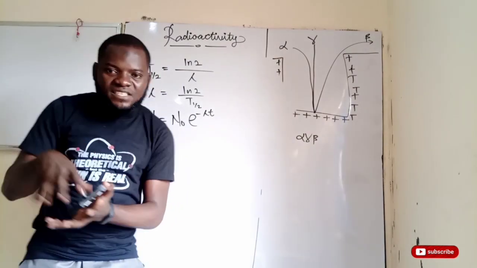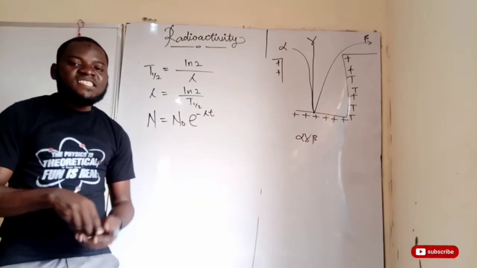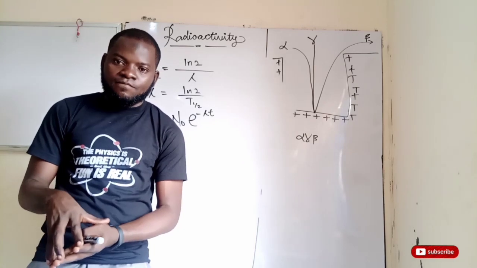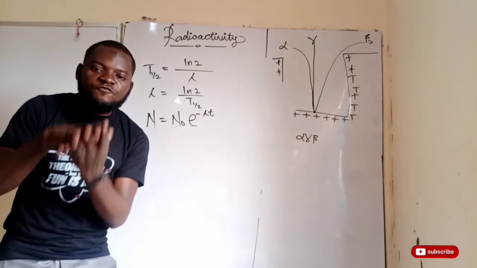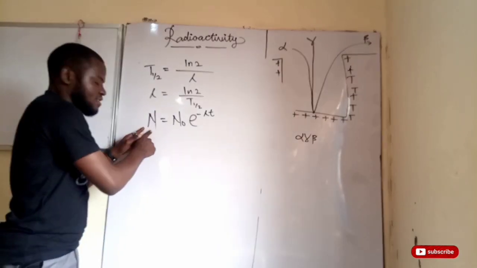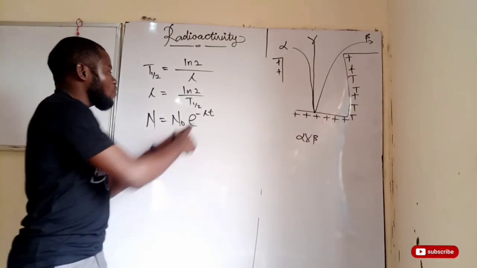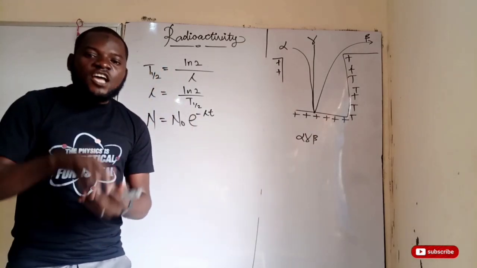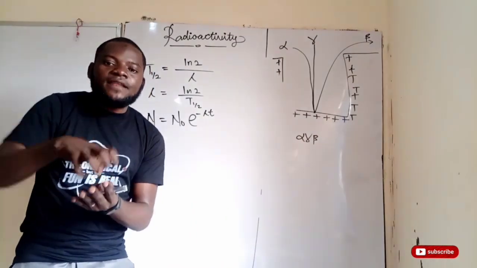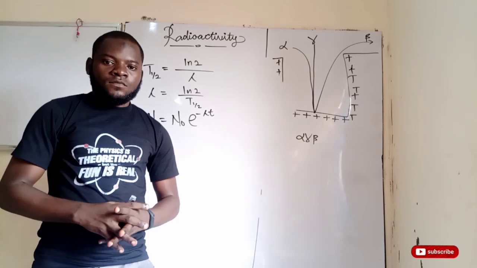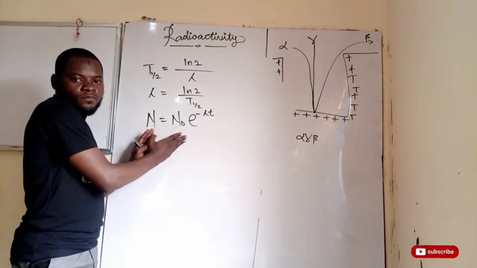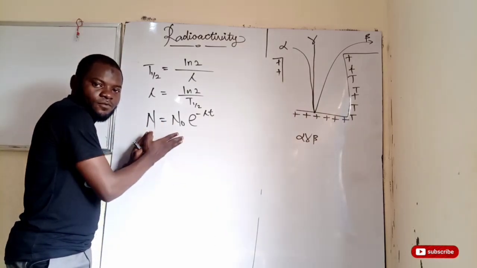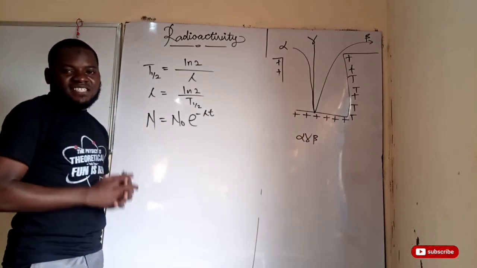That's N naught, representing 10 biscuits. After the time t that they asked me to go and check, the number of biscuits that remain is N. And lambda is the number of biscuits that is reducing per second. So this is the equation that we need to know. Do we understand this now? Okay, we have understood this.